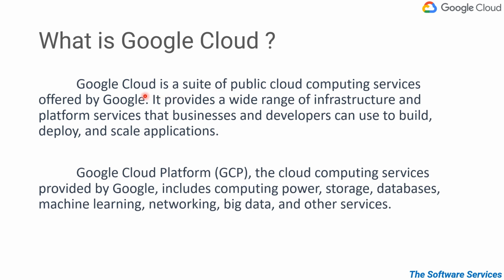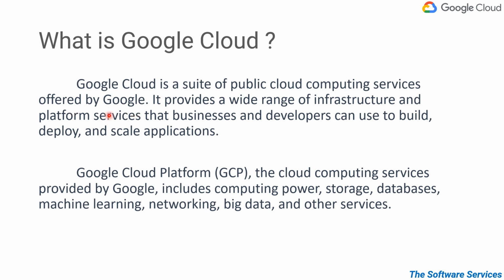So Google Cloud, in short, is a public cloud computing service. Offered by whom? Google. It's owned by Google, and most of the services we use daily in our daily life, like Google Maps, YouTube, Gmail, are deployed on that infrastructure, right? The same infrastructure they are leasing to the general public.